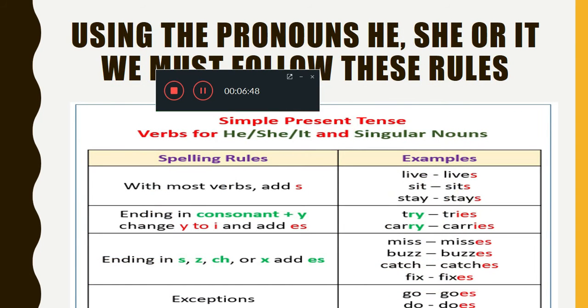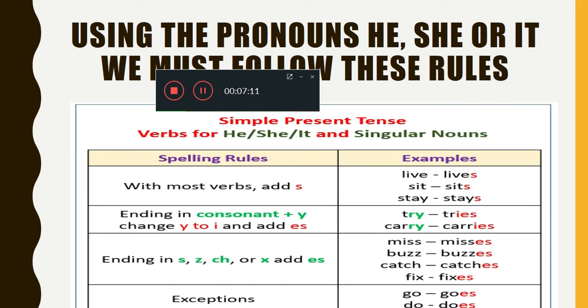Okay? And we have rule number one, which is the most simple: we are going to add S to all the verbs. Live, lives. Sit, sits. Stay, stays.